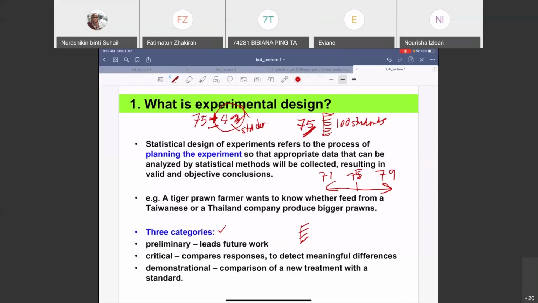So I should know what kind of things come out from the parameter that I measure. And of course you compare from one sample to another, but you have to know the responses. So we have this term in statistics, responses. Responses means the output of the things that you measure.